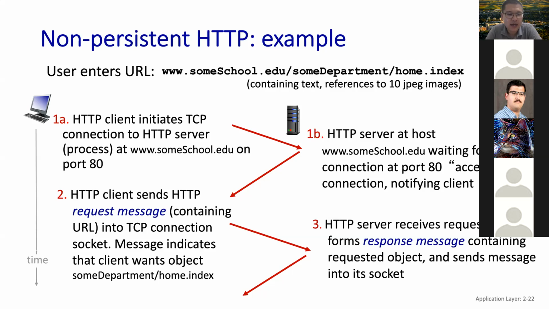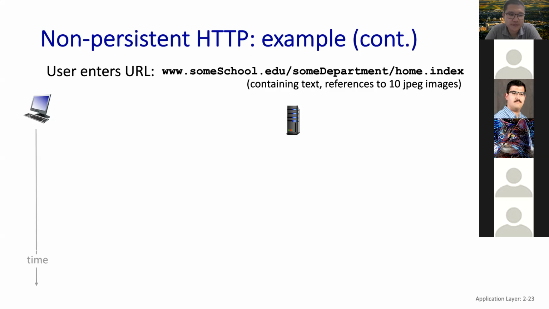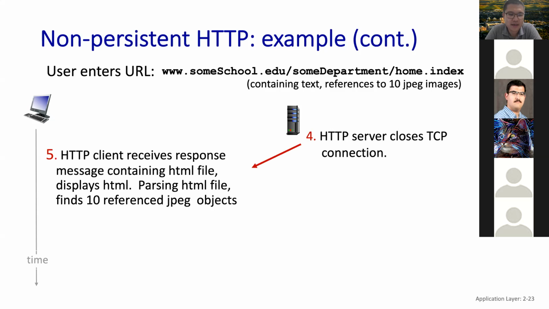Then I go to the specific department homepage and get some image or document. The HTTP server receives that request and responds with a message containing the requested object, sending it through its socket and the link we previously talked about, back to the HTTP client. The client gets the message and displays the contents, and the HTTP server closes the TCP connection.